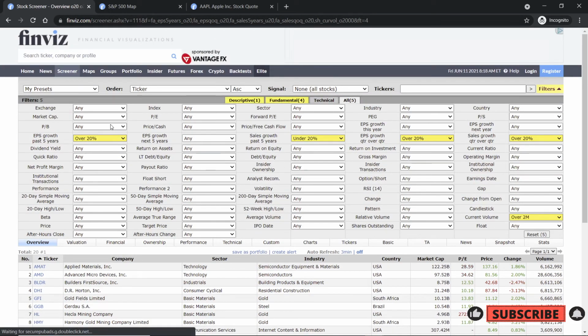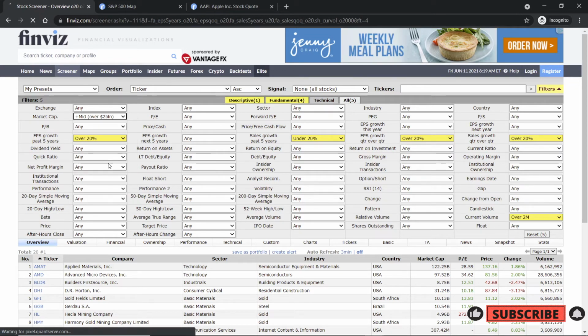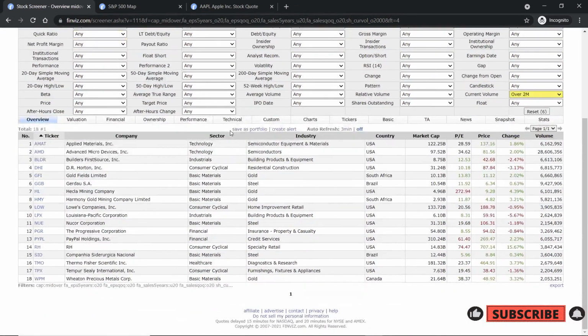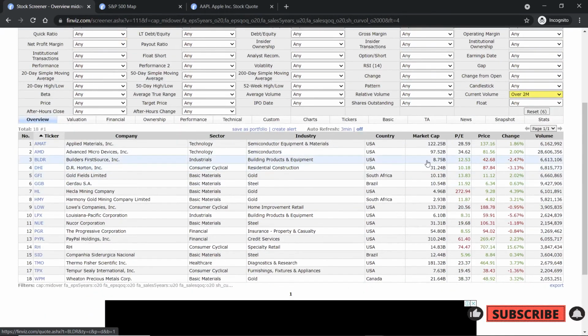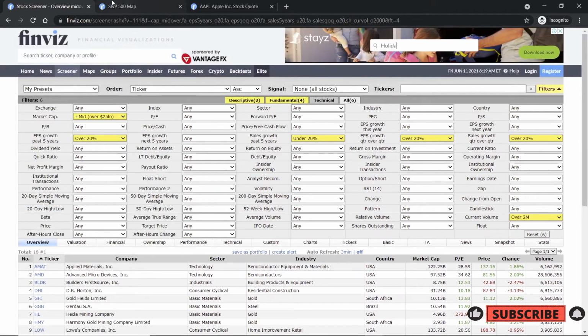Let's just apply one on market cap, right? Let's say market cap over 2 billion. Okay, over 2 billion, yeah, we're down to 18. So those two companies I've taken out. So yes, that's my portfolio. This is combination sequencing for growth stocks.